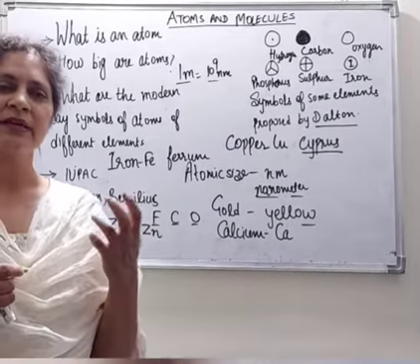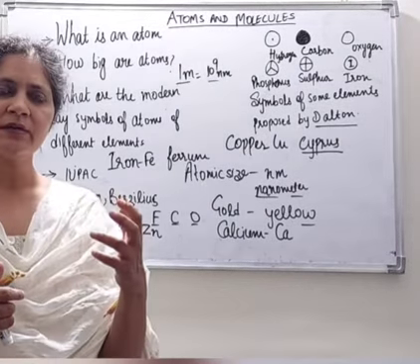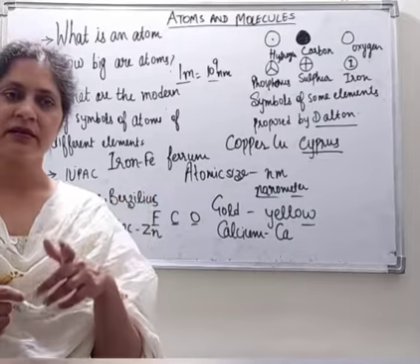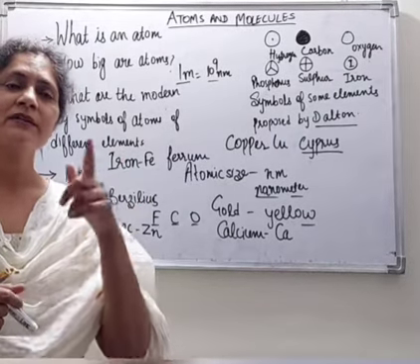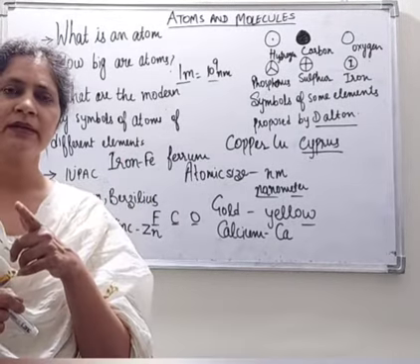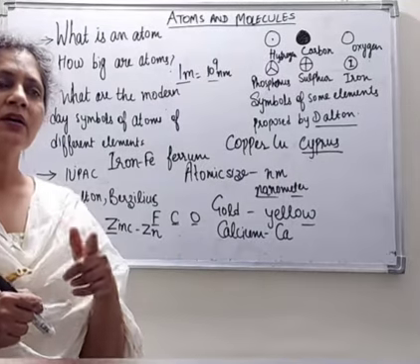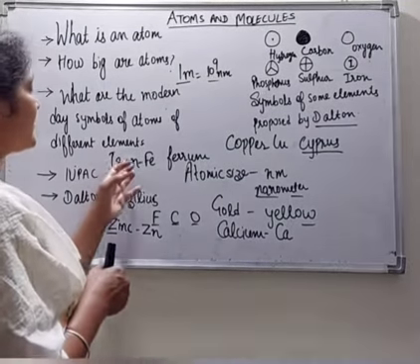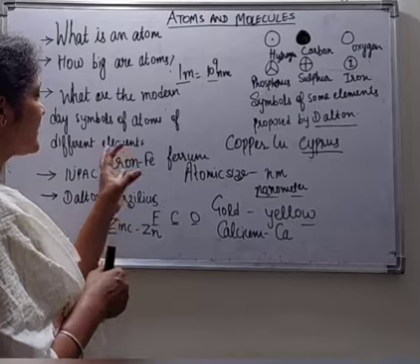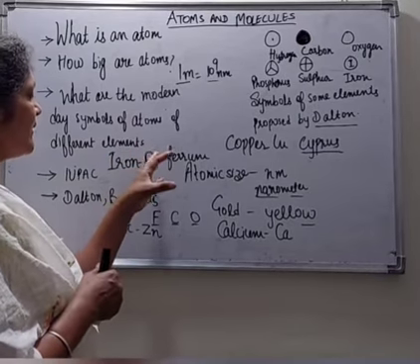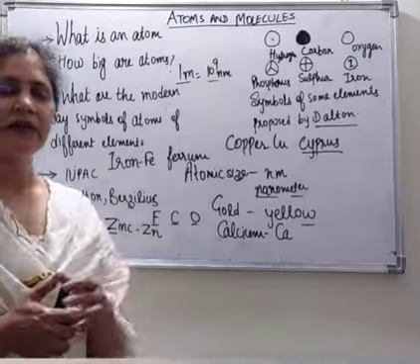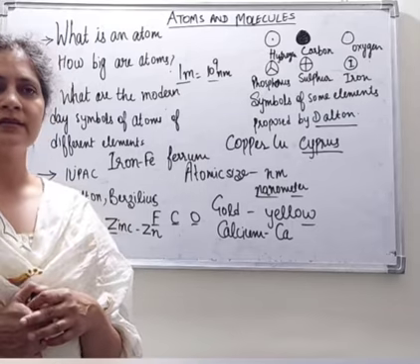It can be the first letter of the element, the first and second letters, the first and third or fourth letters of the element, or it can come from Greek, Latin or another language word of the element. These are the details about the symbols.